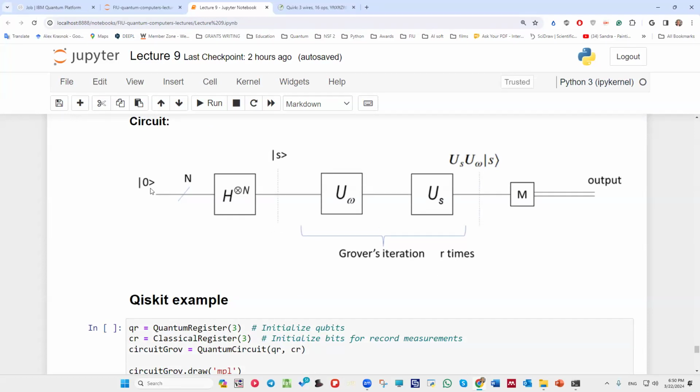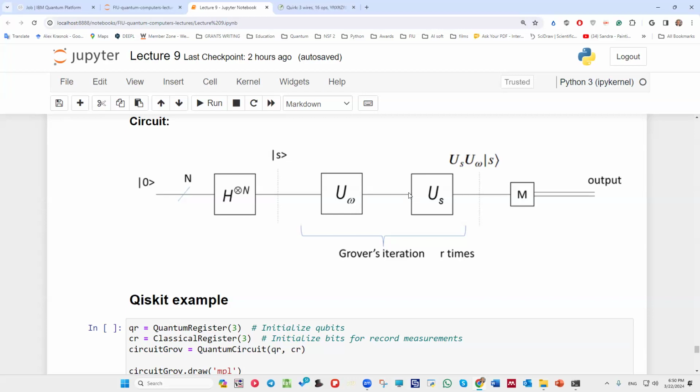Let me repeat. We start from a number of qubits n initially in the state 0. Then we apply the opening layer of Hadamard gates. We create the superposition. Then we apply the Grover's iteration pair, which consists of the oracle and the amplifier.